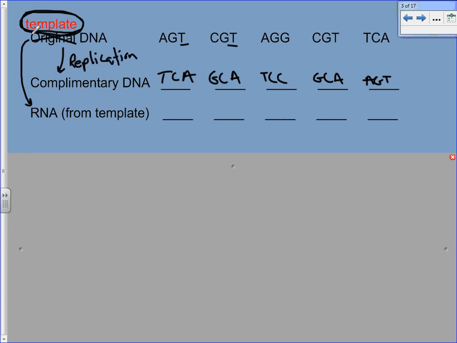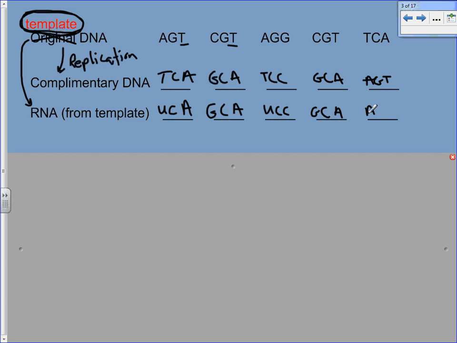A would go to a U, G would go to C, and T to A. We keep going. This would be G, C, A, U, C, C, G, C, A, G, U. So again, we base paired to this top line up here.